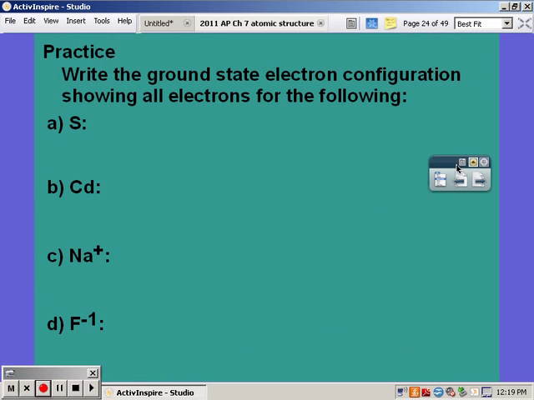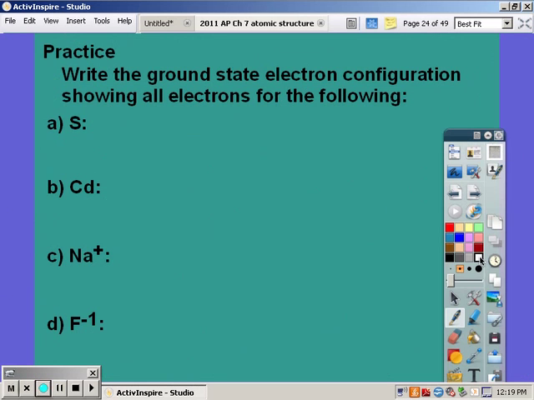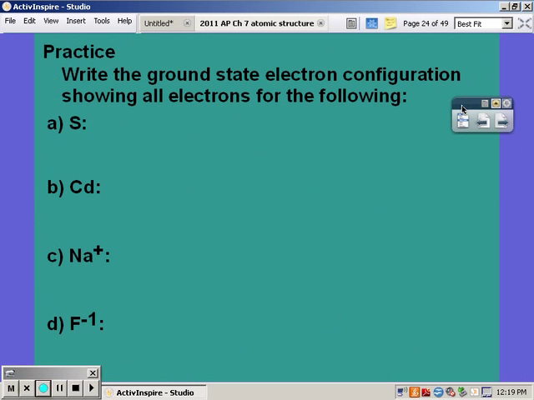So if we're to find the electron configuration of sulfur, the first thing we need to do is find it on the periodic table.